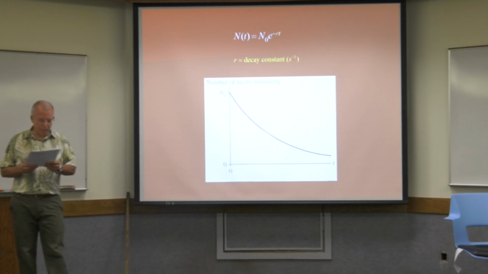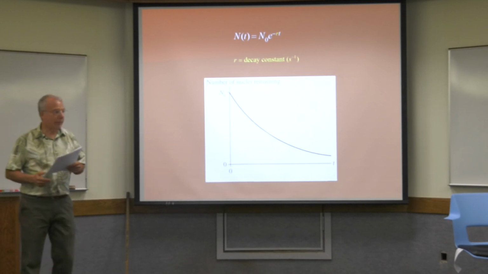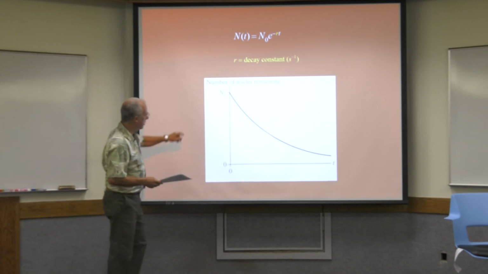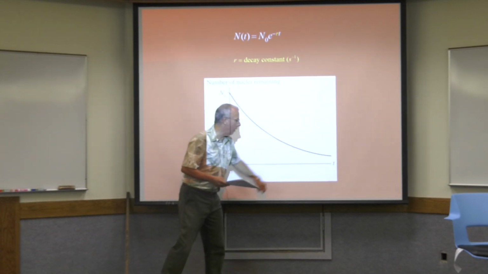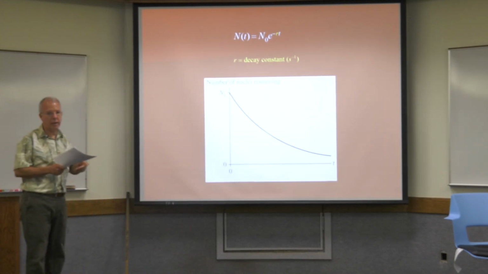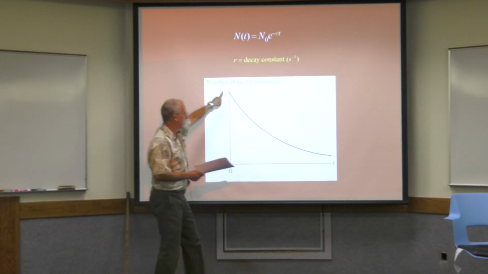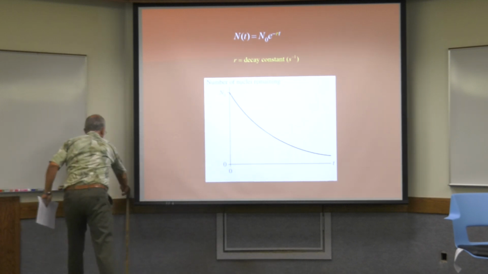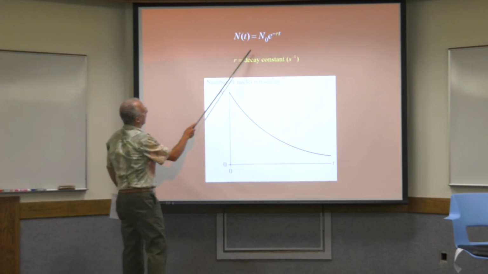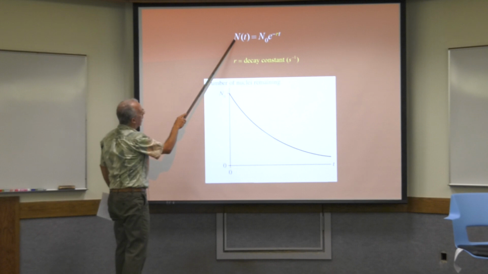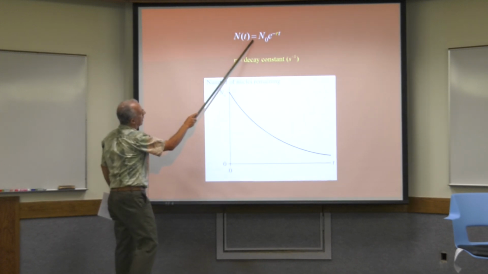All right, so we're talking about radioactivity, and radioactivity follows an exponential decay law. We've seen that before with electricity when we had an RC circuit and other things, this decay. And so here's the equation. This is the number of radioactive nuclei at some time t.